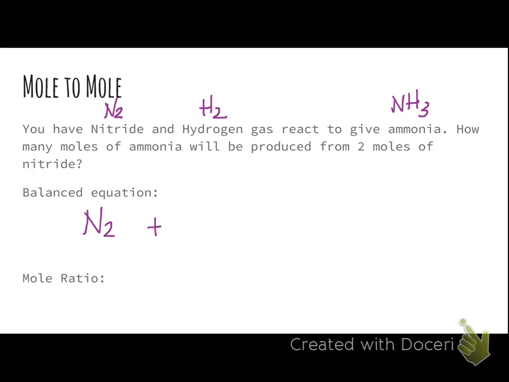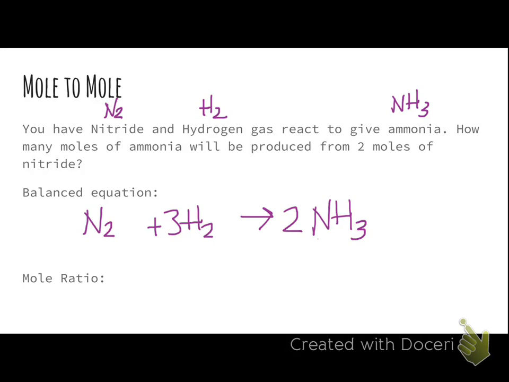So we're going to write that equation. N2 plus H2 gives me NH3. Now, we have to remember that this equation needs to be balanced. So if I put a 2 here, a 3 here, that should be balanced. 2 nitrogens, 2 nitrogens, 6 hydrogens, 6 hydrogens. So here's my balanced equation. Step 1, make sure that's complete.